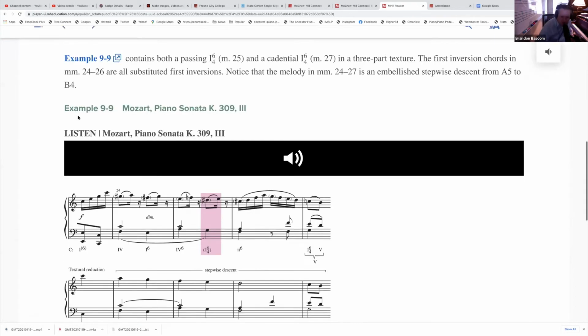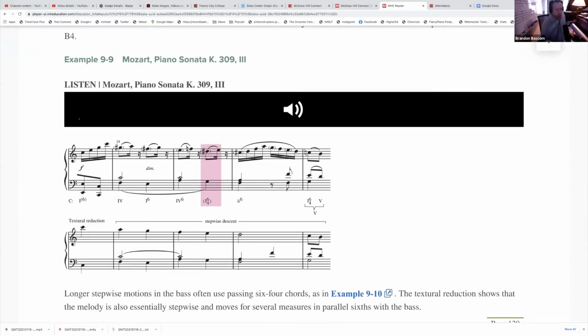All right, let's listen to the stepwise textural reduction. Did you hear it? You have a new president, by the way. Are we okay with that? Happy day?